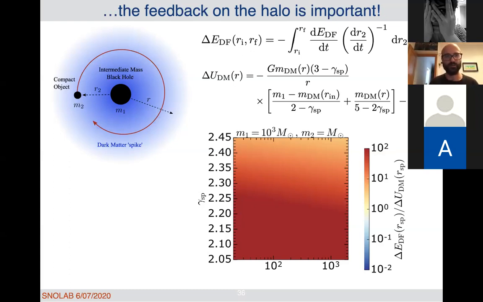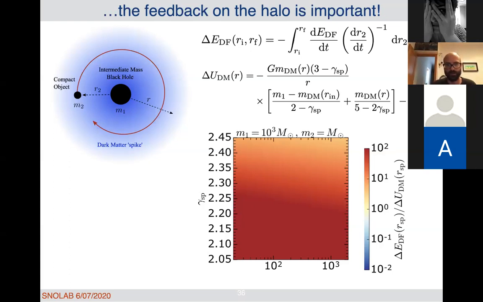So you cannot study this system without taking into account the feedback on the halo, the fact that the halo is heated up by this phenomenon of dynamical friction, and eventually its properties are expected to change because of this.